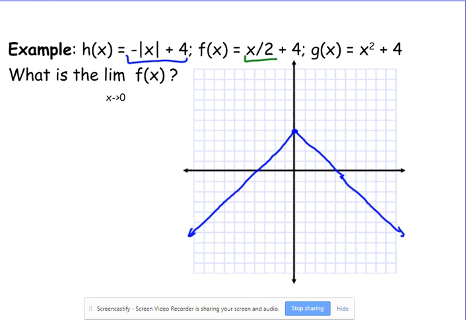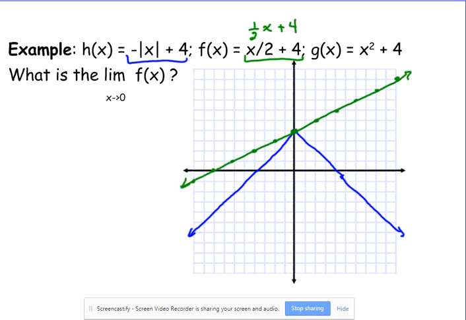F of x is x over 2 plus 4, which in other terms is 1/2 x plus 4. So it has the same y-intercept. So it goes through the y-axis at 4, and it has a slope of 1/2. So up 1 over 2, up 1 over 2, and so forth. And I am really bad at drawing straight lines, so please do not laugh at me. Try my best. Well, that one wasn't so bad.